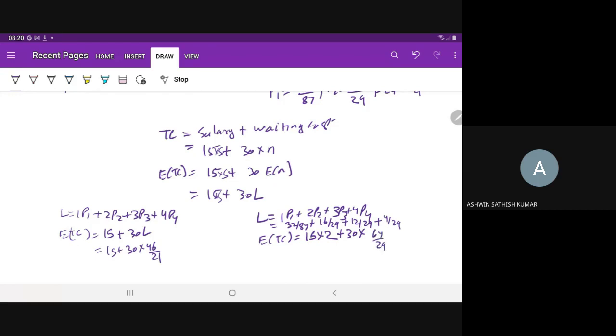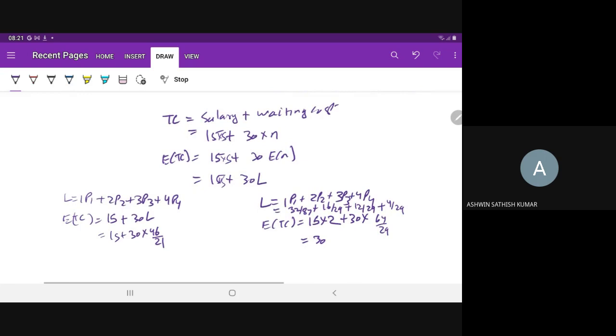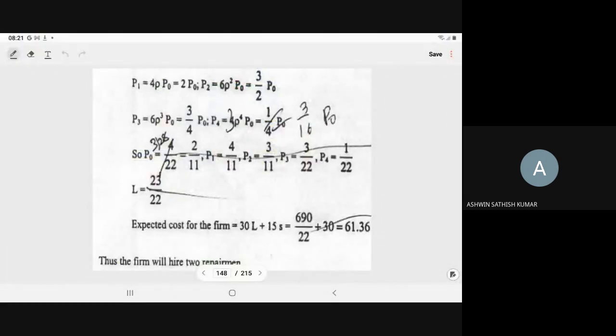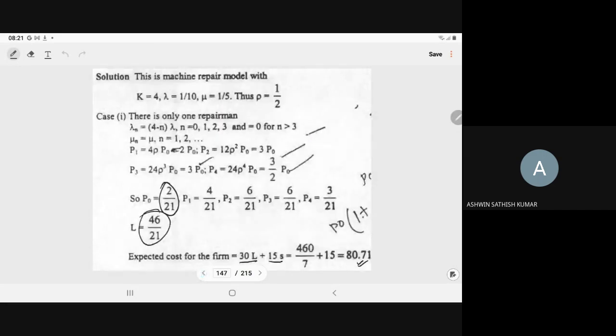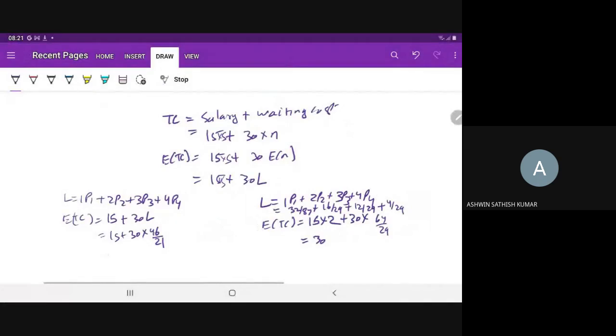I have asked you to always keep the answer in fraction only. So it is 64 upon 29. Now you can give the answer: 30 plus this 64 upon 29, so it is 80.71.